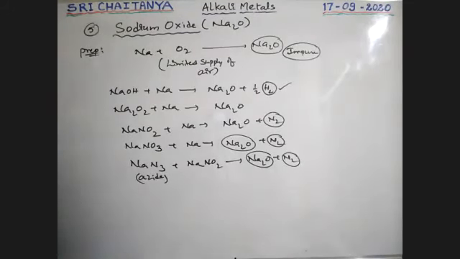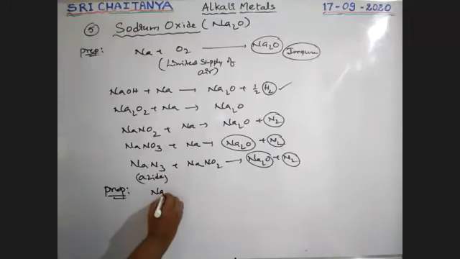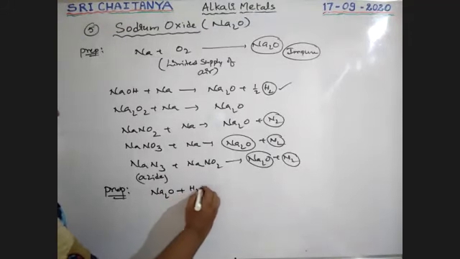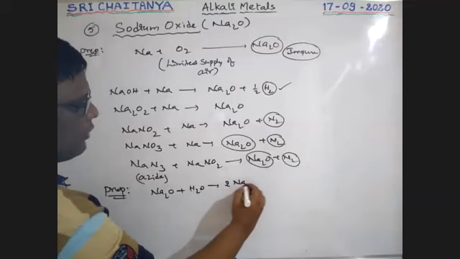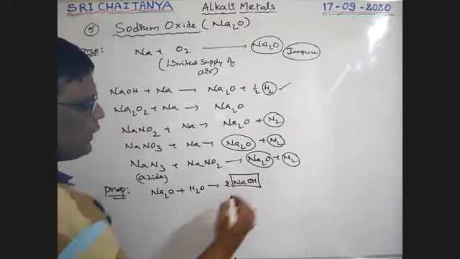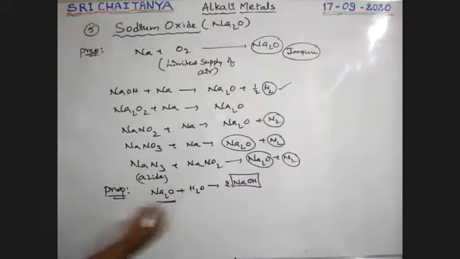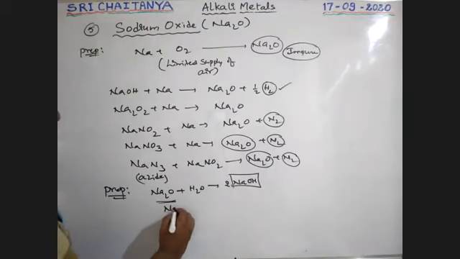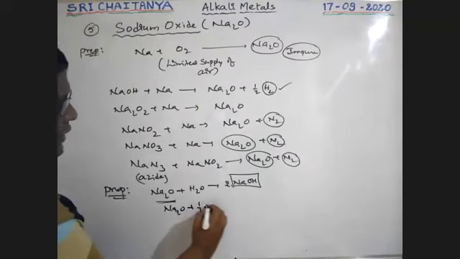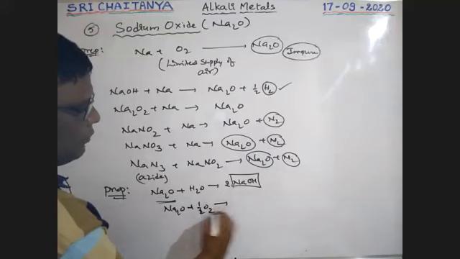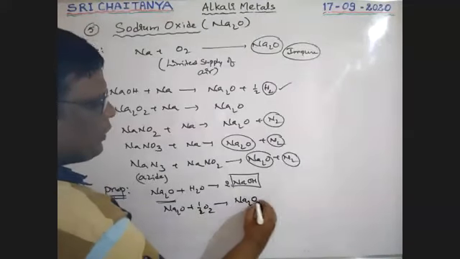Now, what are the properties of this one? So, properties. When sodium oxide is dissolved in water, that gives sodium hydroxide. So that is alkaline in nature. Therefore, sodium oxide is basic in nature. Next, when sodium oxide reacts with oxygen, the most stable peroxide is the product.